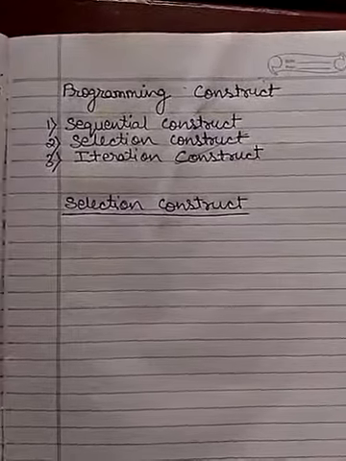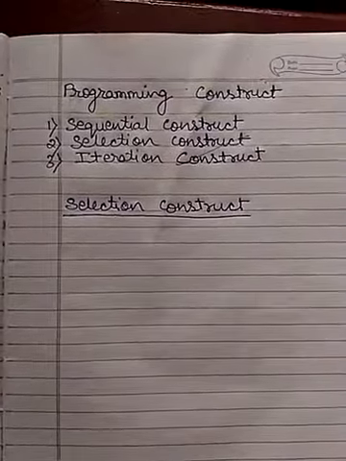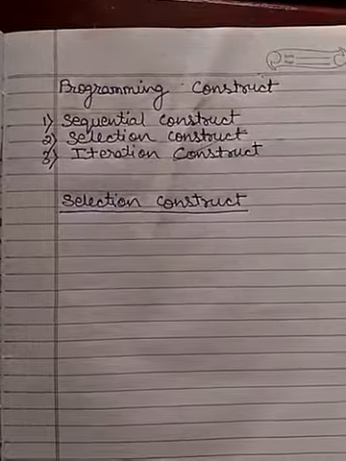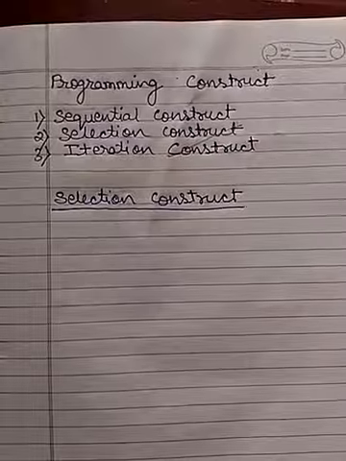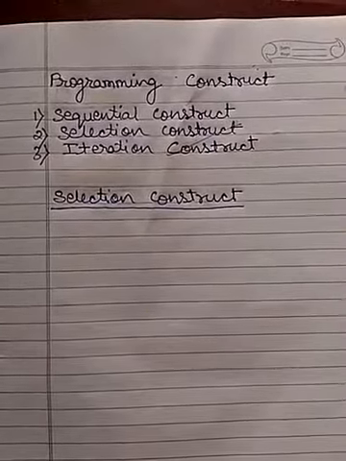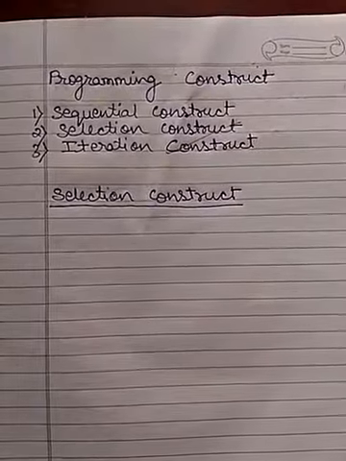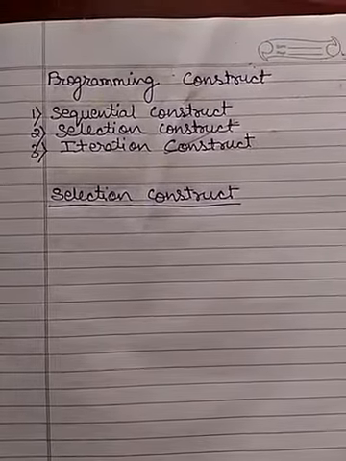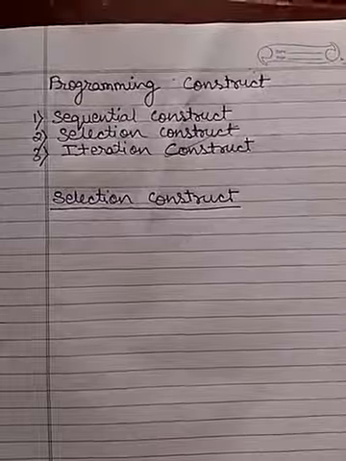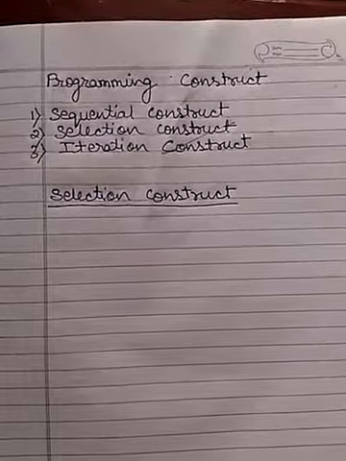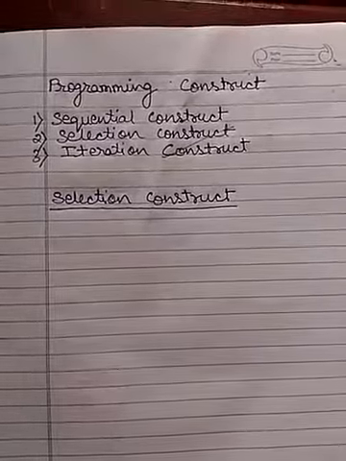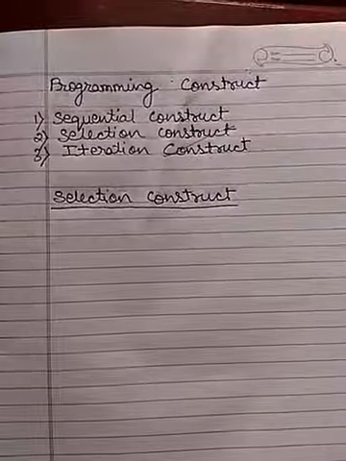Hello students, in this video we are going to start the selection construct from the programming construct. Programming constructs tells how we can write a program, that is, it tells the flow of control within a program.